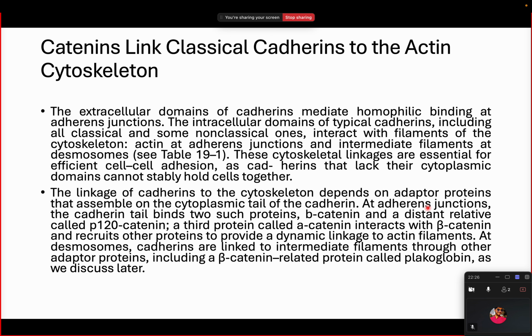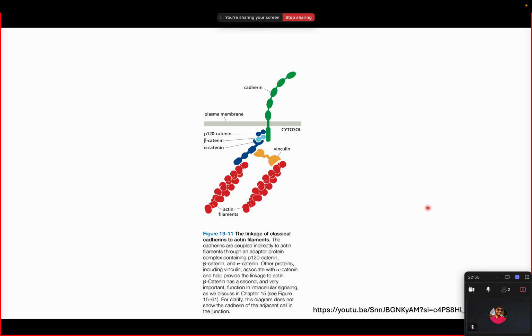This allows the cells to have a connection between the inside of a cell, that is the actin filament rearrangement, and the outside of the cell, that is allowing the cadherin molecule of a cell to get connected with the cadherin molecule of another cell. Again, that cadherin molecule on the second cell is also connected with the actin filament of that second cell, right? So this is what it is like.